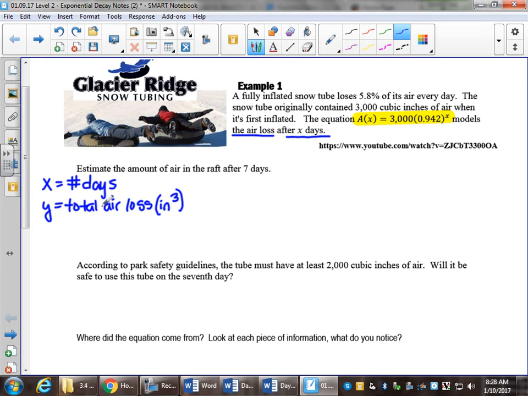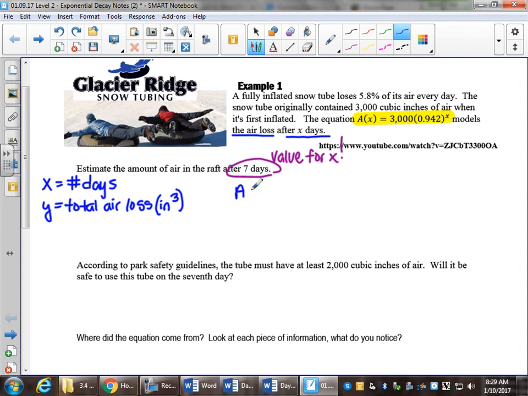So I have my variables defined, and I actually have a model, so I don't have to build it. I just have to answer this question: estimate the amount of air in the raft after 7 days. X is days, so this is a value for X. Let's use our model.